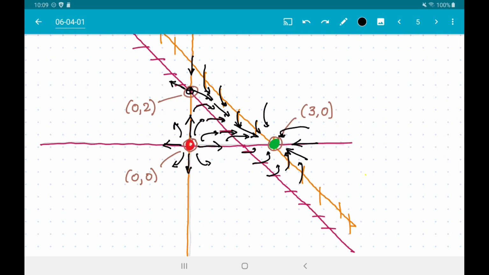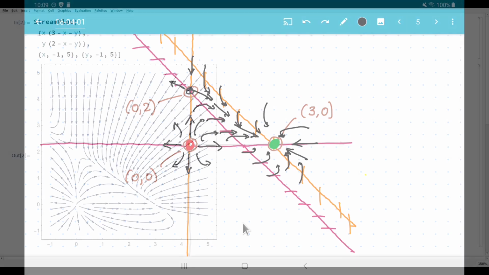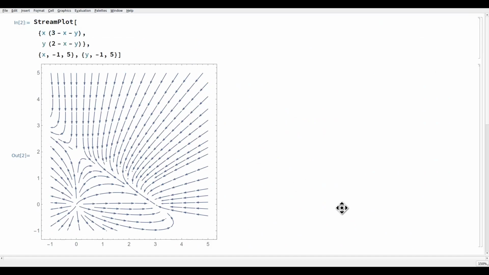So first, before we go any farther, I'm going to show you a numerical result. There it goes. Okay, so this is the result of stream plot. And right here is the fixed point at 0, 0. Right here is the fixed point at 0, 2, and over here somewhere is the fixed point at 3, 0.